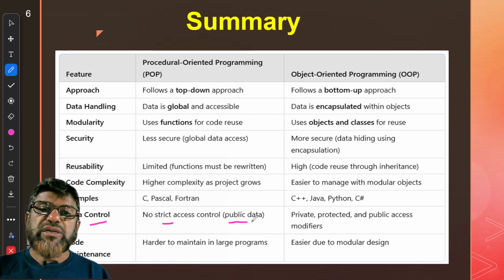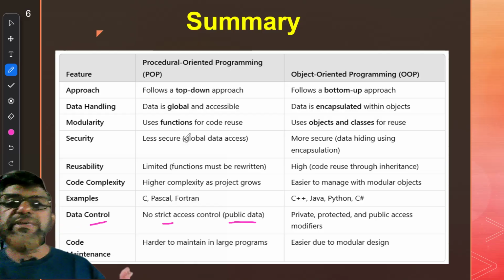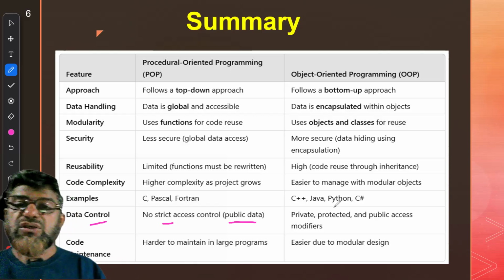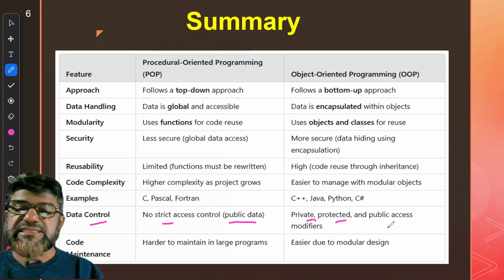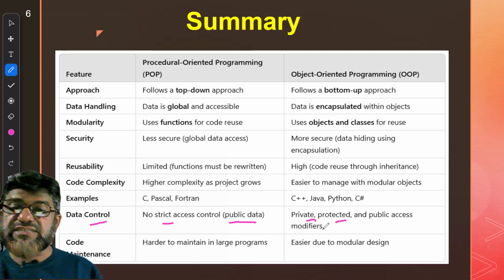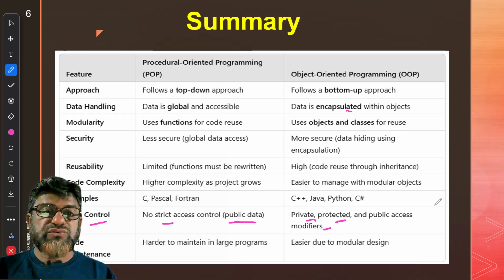It means all data will be public, so it becomes very difficult to manage. There is no way we can make private data. Is that clear? But in OOP we have the facility to make private data, protected data, and even public access modifiers. So we can do data hiding and create encapsulated data. Basically, it is very useful for this.